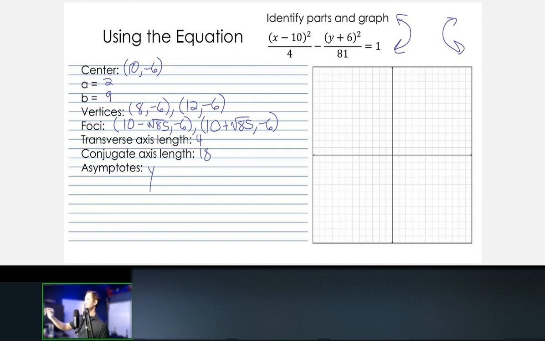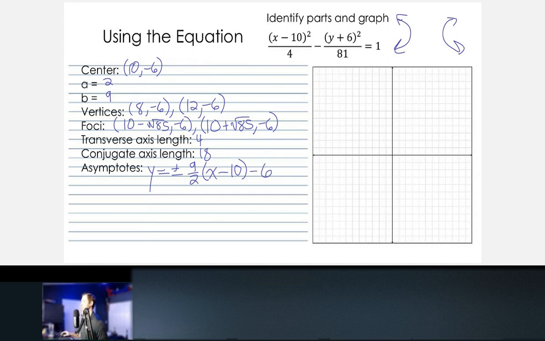Asymptotes, y equals plus or minus rise over run. So we're going to have 9 over 2, times x minus h, which is 10, and then plus your k value. K value is negative 6, so plus negative 6 makes it a minus 6.